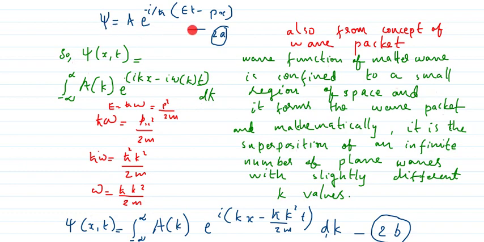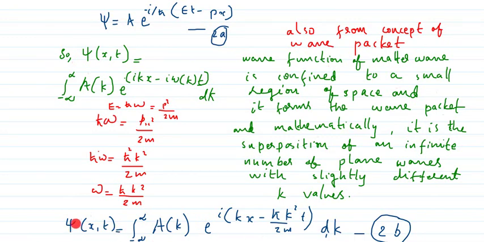So we have these two different forms of the wave function. In one case we are just considering a wave corresponding to a material particle in general, and in the other equation we are going with the mathematical concept, that is the idea of superposition of an infinite number of plane waves with slightly different k values.